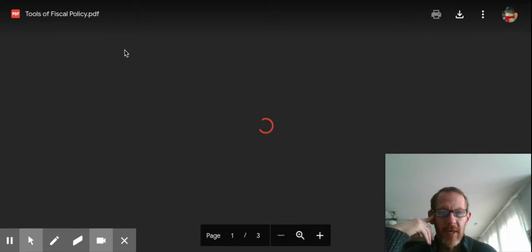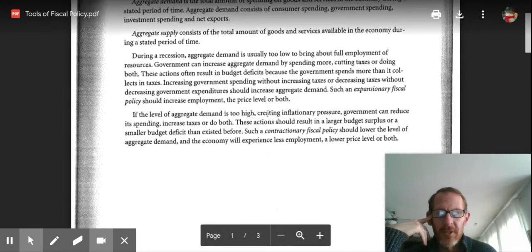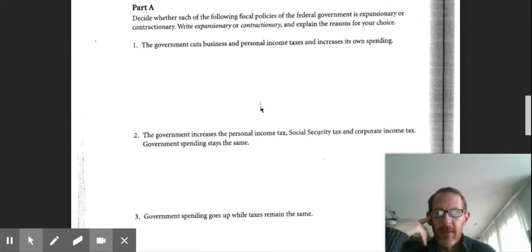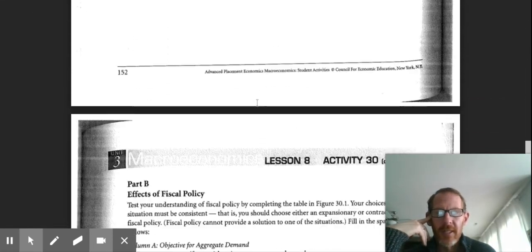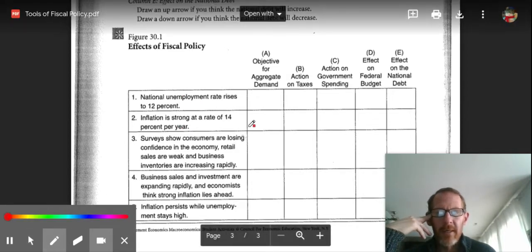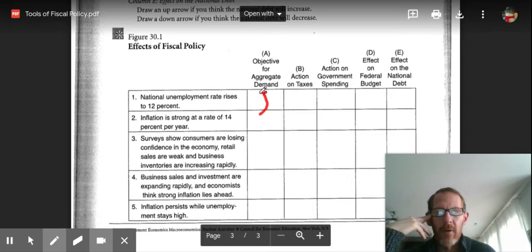So we're going back to this thing that I did earlier, and I hope it works. Those new things didn't come up, but you can see that if we are sitting right here, we have 12% unemployment. That means we need to get our economy going, which means we need our aggregate demand to go up.